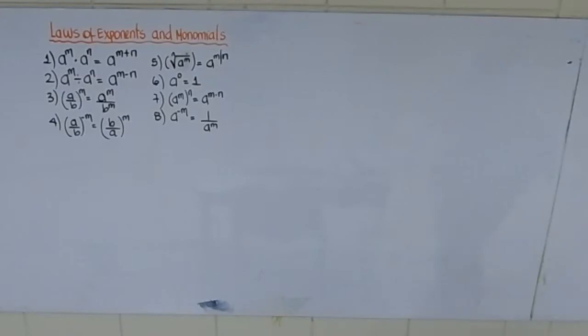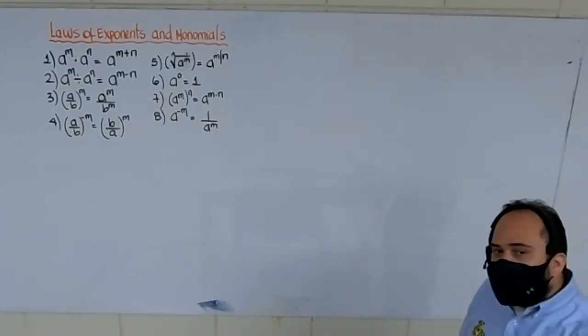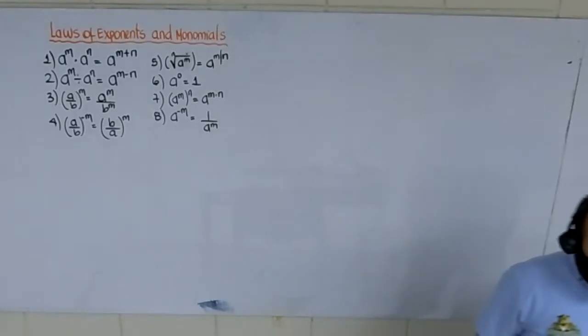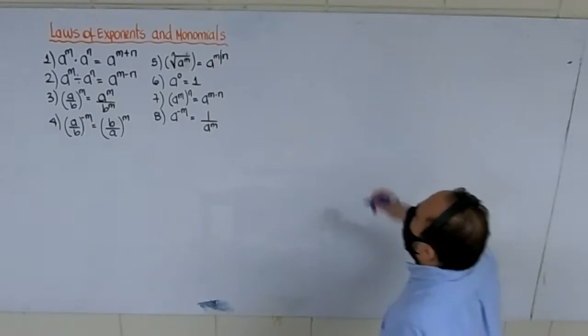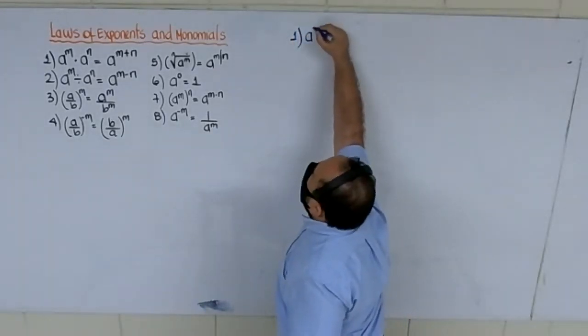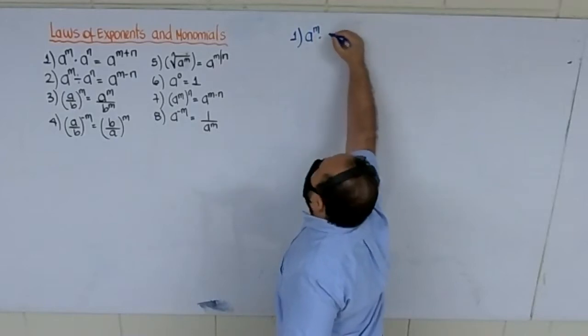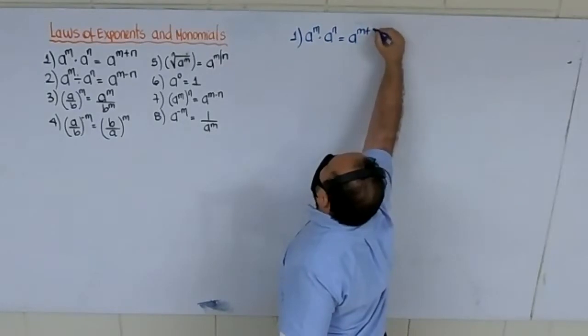In simple words, that means a multiplication with the same base. Multiplication of powers with the same base. When we multiply the variables, we copy the base and add the powers. This is rule number one. For example, a to the m power times a to the n power is a to the m plus n.